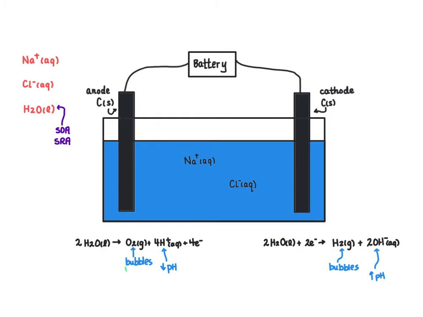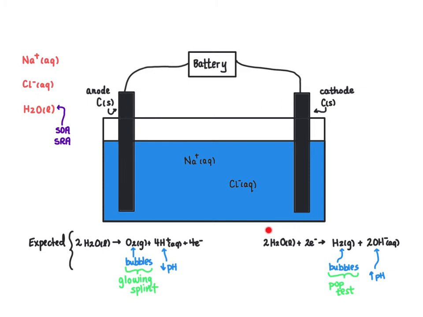The bubbles that we would get from oxygen, we could test with a glowing splint to confirm it was in fact oxygen. And the bubbles from hydrogen, we could test with a pop test to confirm it was in fact hydrogen. So these are our expected observations or expected reactions.